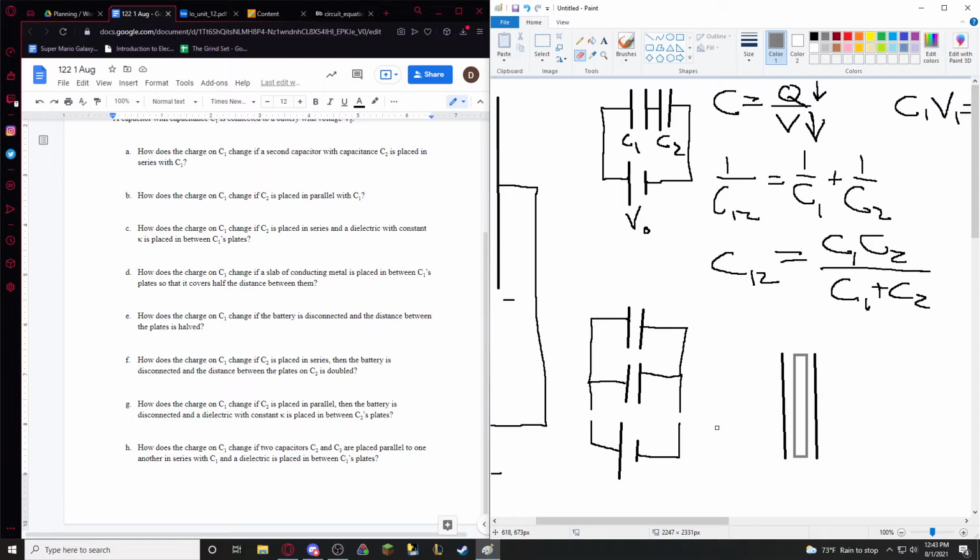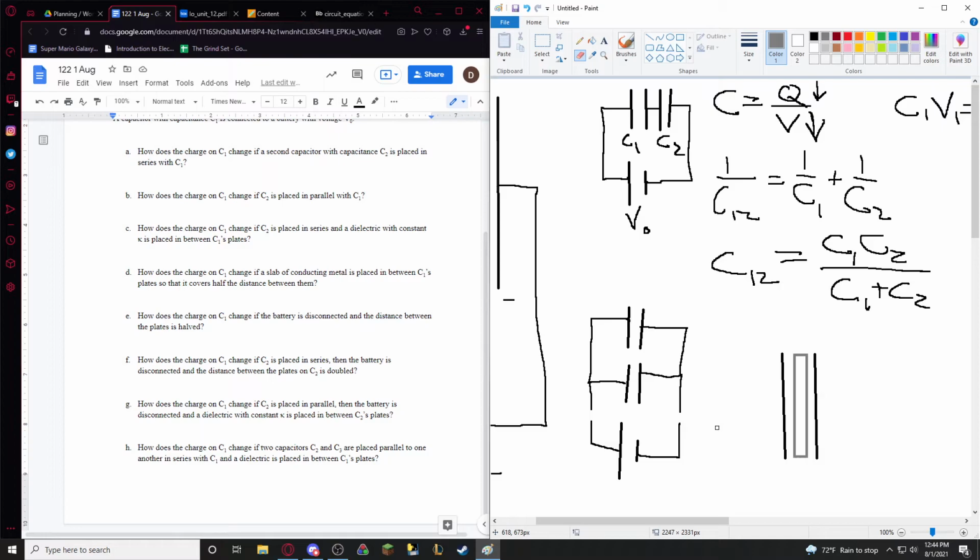Well, okay. The battery does not affect the charge whatsoever. Let's see. In parallel, C1 equals C2, before the dielectric, of course. The capacitances are equal? The capacitances aren't equal.